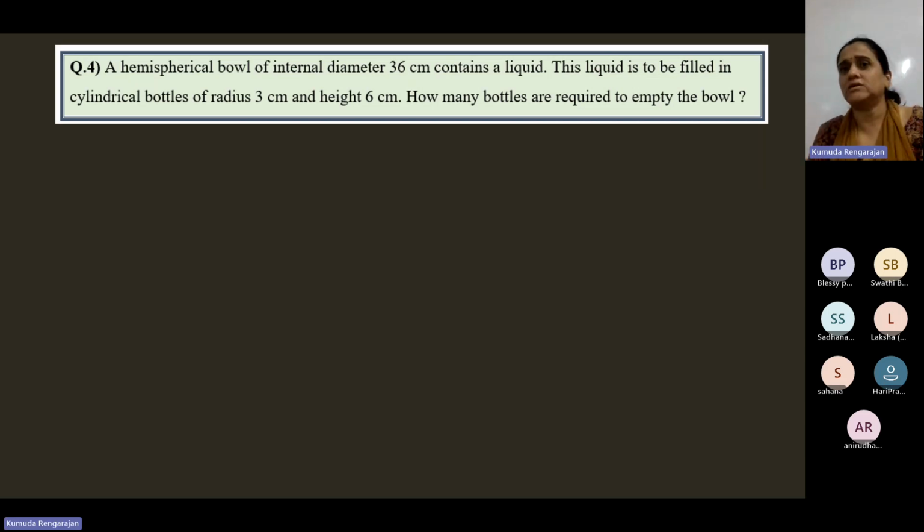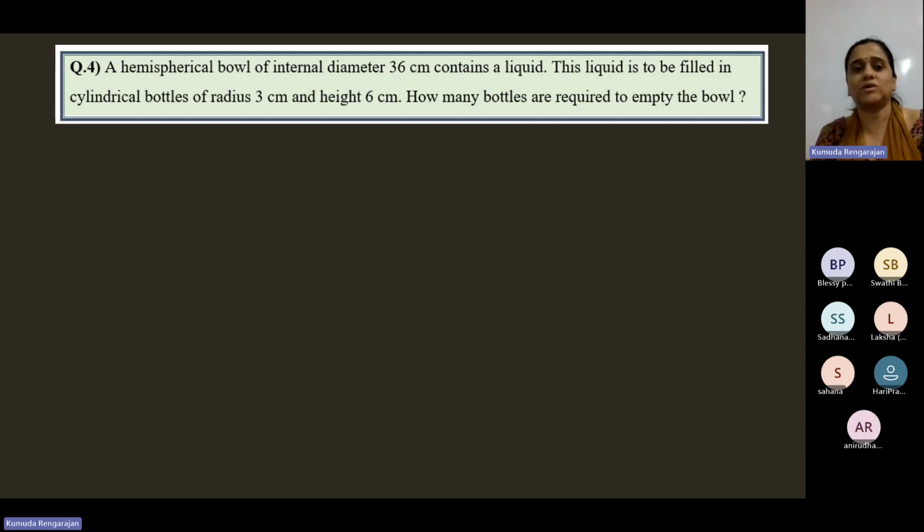You have to transfer the liquid in this bowl into many identical cylindrical bottles. How many bottles are needed to empty all the liquid in the bowl is the question.